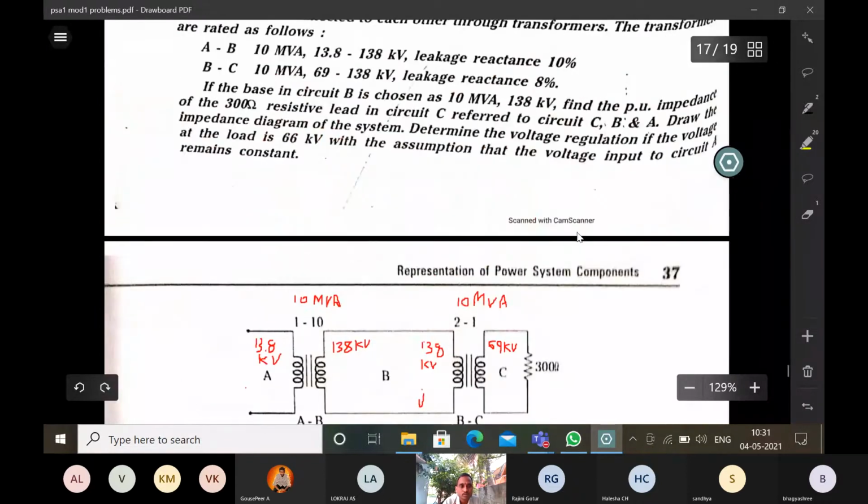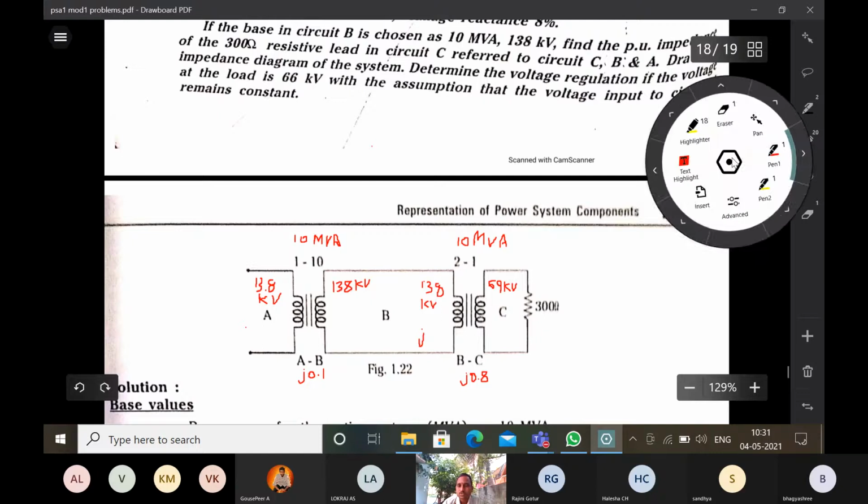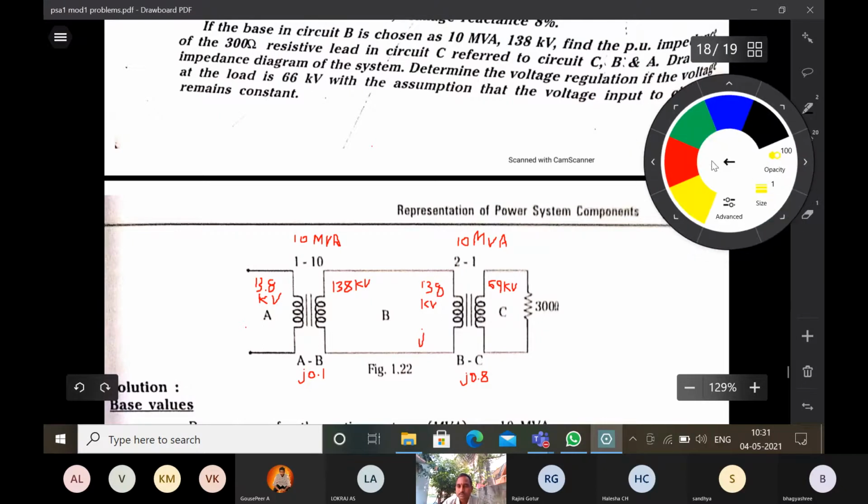If the base in circuit B is chosen as 10 MVA and 138 kV, so now choose the base values. I will write base values in another color.